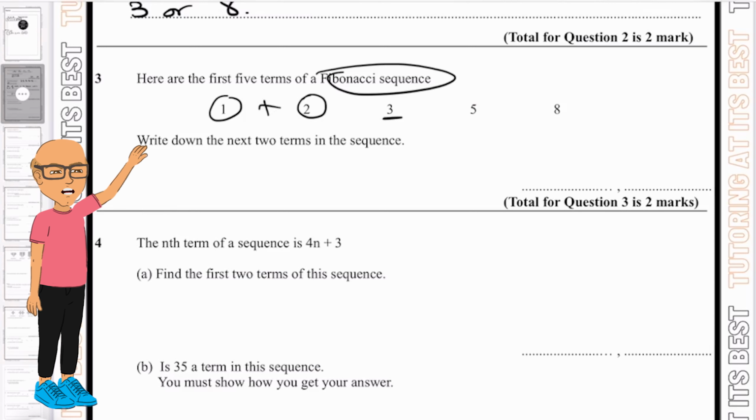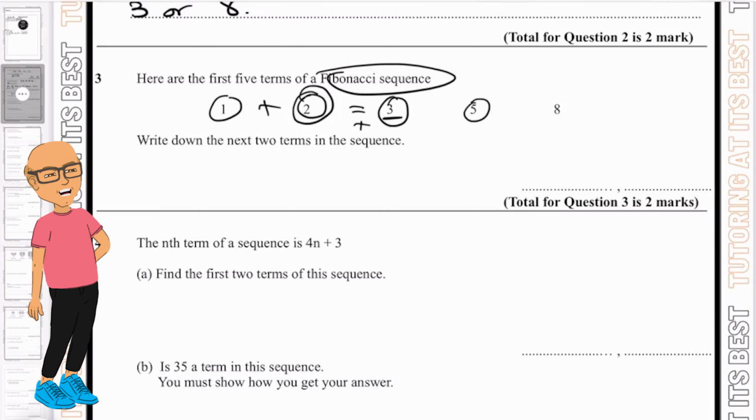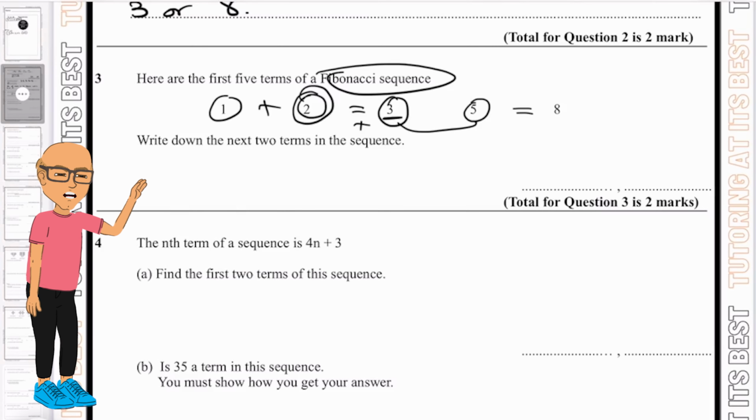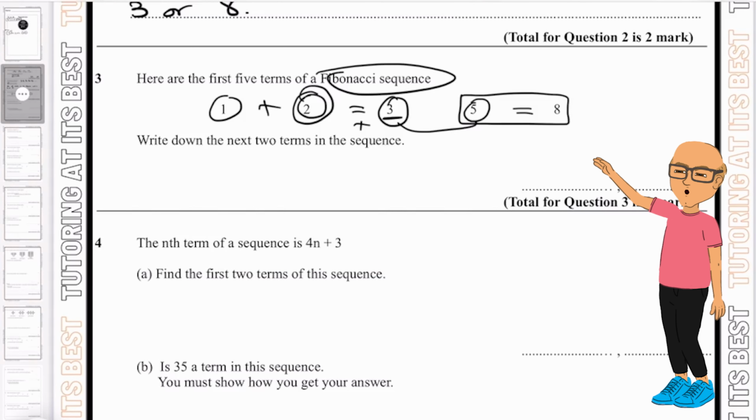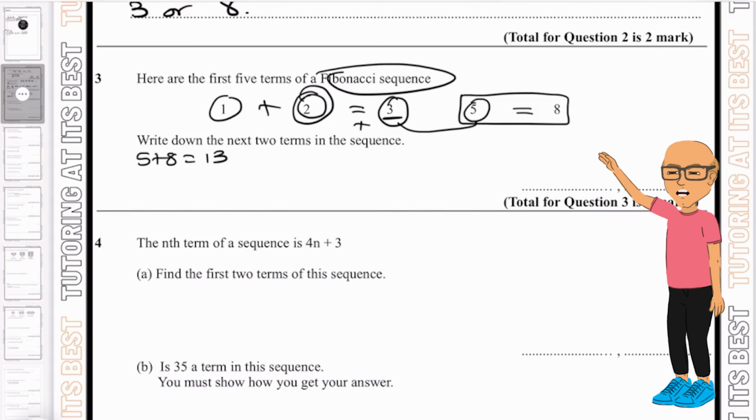So 1 plus 2 gives us 3. Then we have 2 and 3, which gives us 5. And then we have 3 and 5, which gives us 8. So again, your first and your second number gives you your third number. So now we know that we will have 5 and 8, which gives us 13.